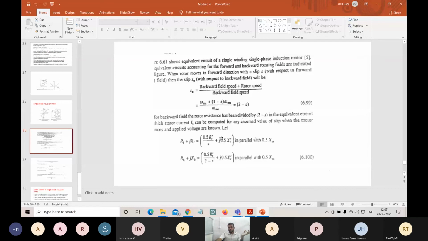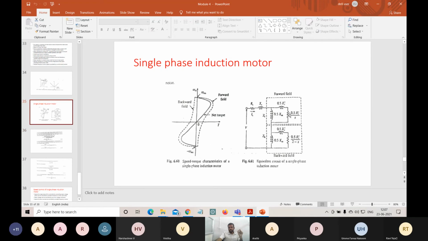So if you are using forward field, you have to use 0.5 by S. If you are using backward field, you have to use 0.5 by 2 minus S. So this is the relationship you should remember. 0.5 RR dash by S plus 0.5 XR dash. Everything here is the same. This is what we are calculating: 0.5 RR dash by S plus 0.5 XR dash.